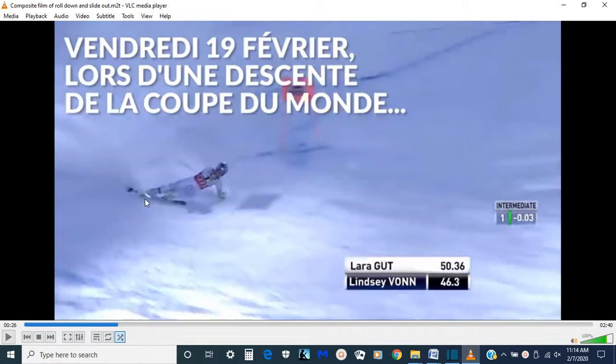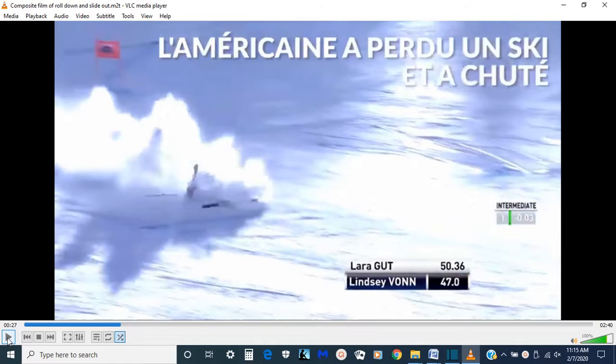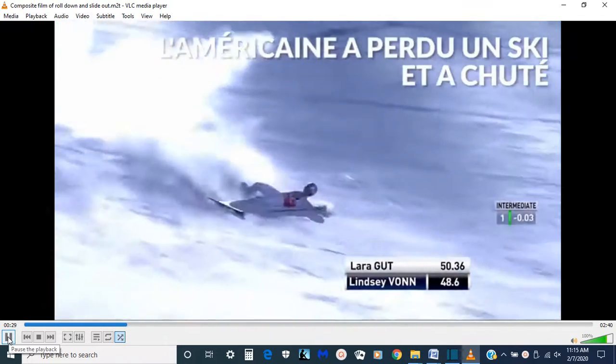When the outside ski is not weighted, it flops around like crazy. It bounces around severely at those high speeds, and then it blows off. That violent bouncing around blows off that ski. So she loses a ski there. You see it just go flying, and she slides out.